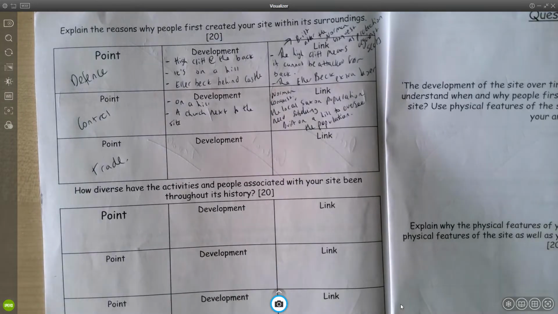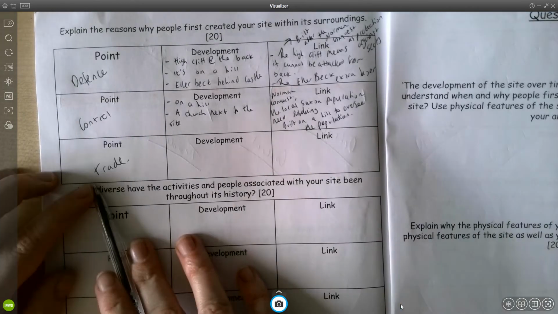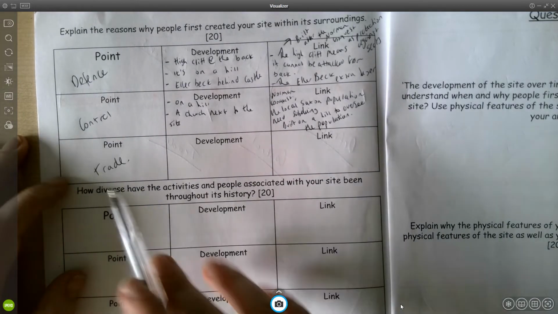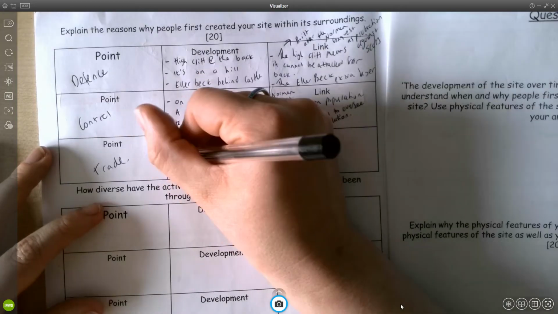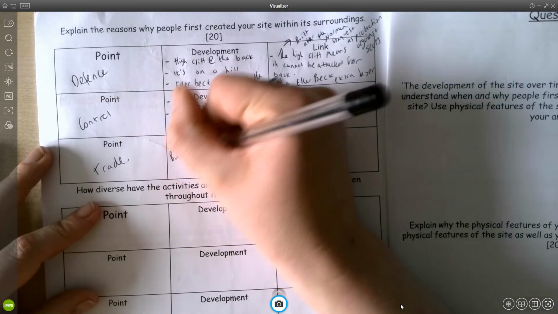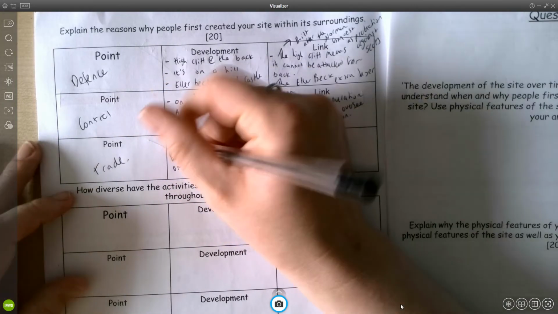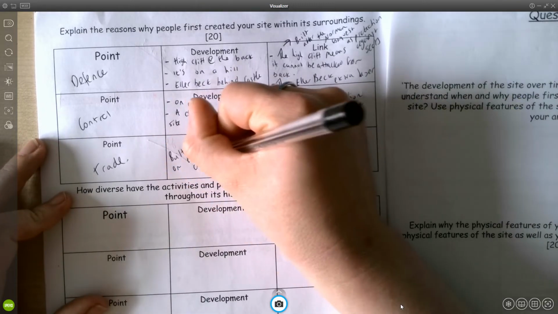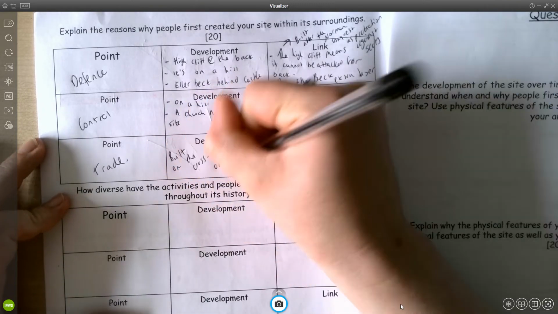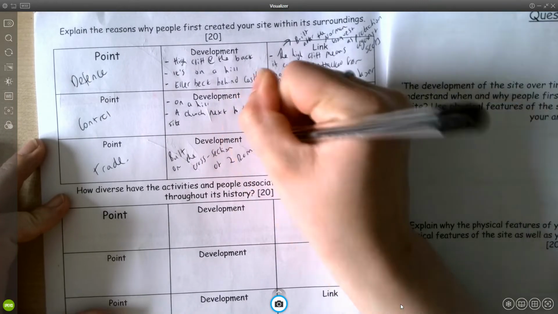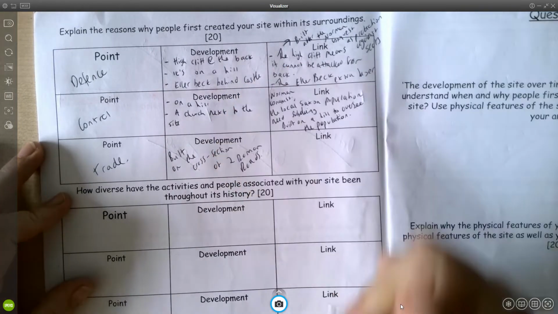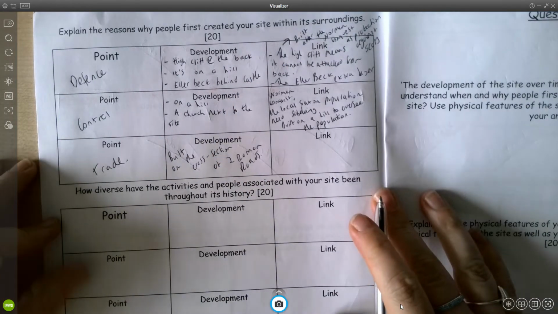Okay. Another reason why they choose the location is because of trade. Skipton is built on the cross section of two Roman roads. And again, that's you using the physical features of the site.